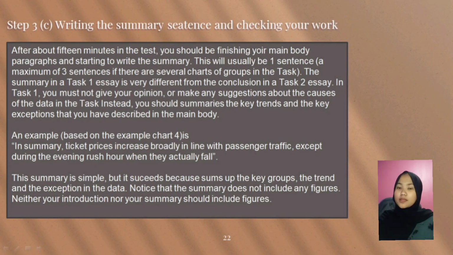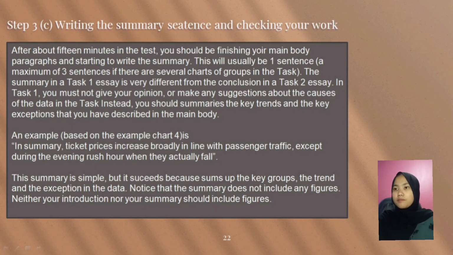The summary in a Task 1 essay is very different from the conclusion in a Task 2 essay. In Task 1, you must not give your opinion or make any suggestion about the cause of the data in the task. Instead, you should summarize the key trend and the key exception that you have described in the main body.